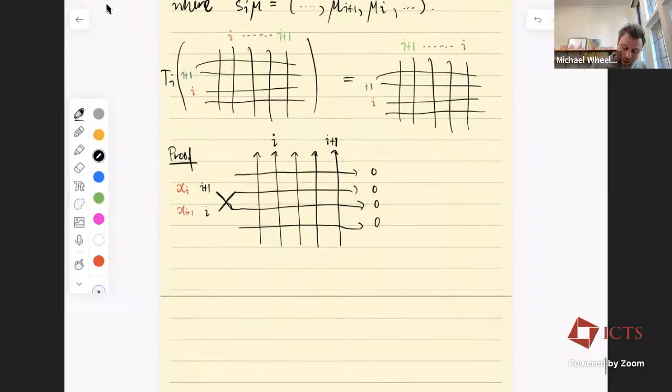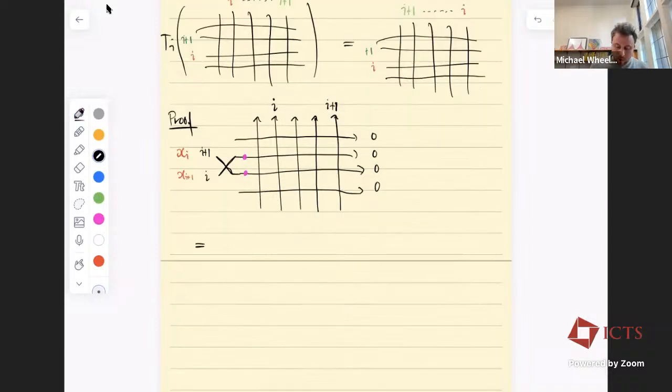So this picture that I have drawn, I can basically expand over the possible configurations for these two edges here in pink. So if I do that, I'll get a sum of two terms, which will be the following. So I'll have this vertex, which has i+1 and i entering. And let's suppose they exchange positions.